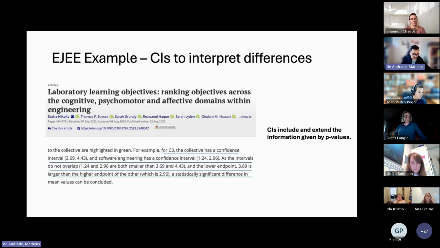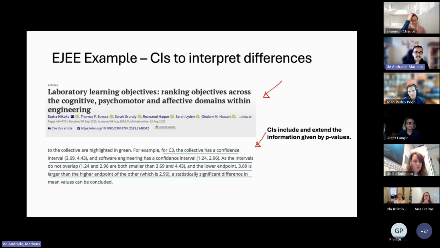And keeping up with my newly established tradition of referring to EJEE work to show some on-the-ground, concrete applications of the concepts that I'm talking about, I'm going to talk about this paper here by Sasha Nikolic and co-workers. Basically, they implemented the idea of confidence intervals to extend the type of information that a p-value can give.